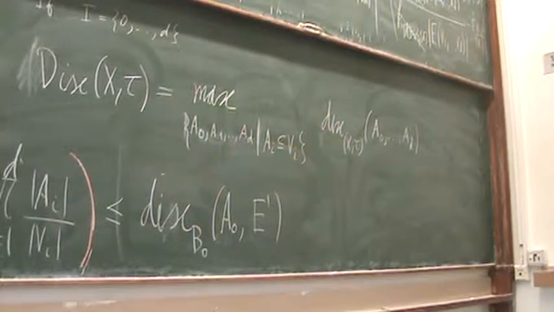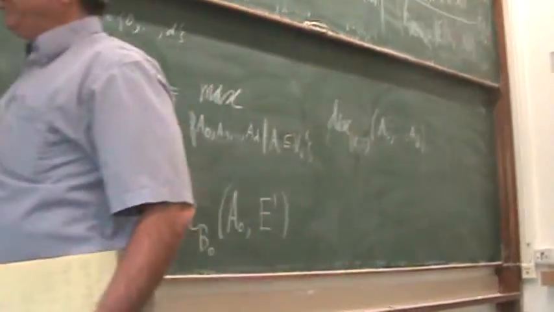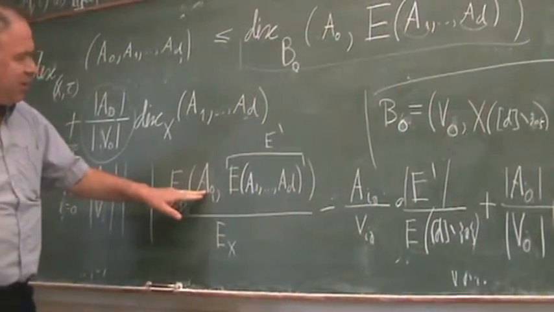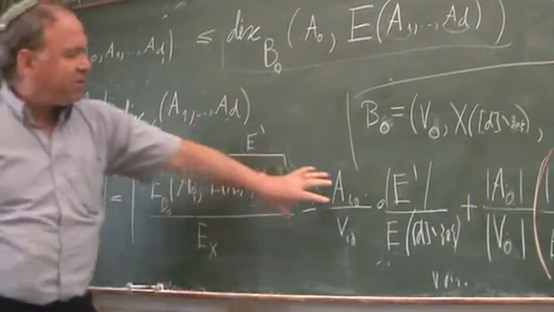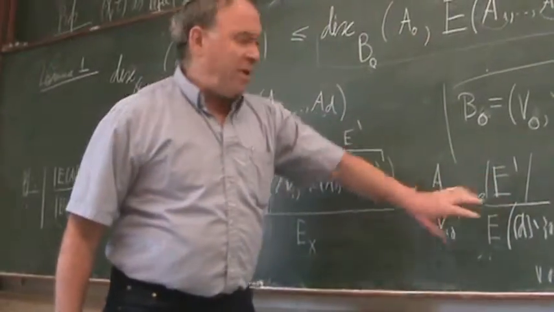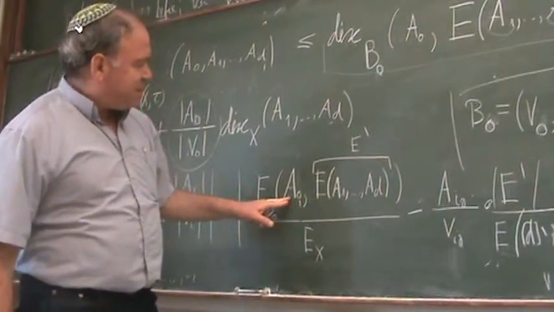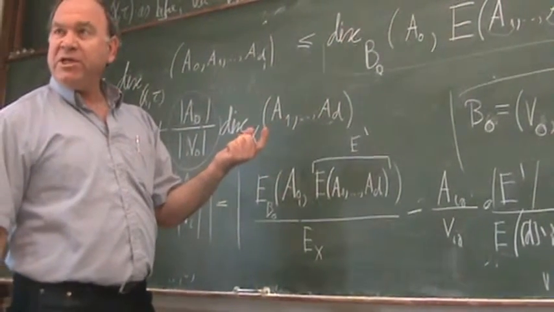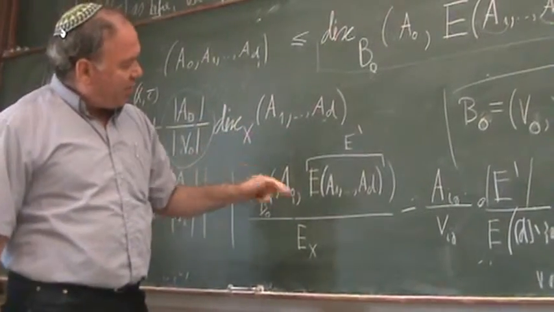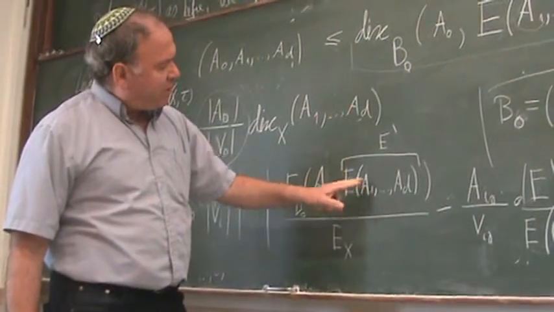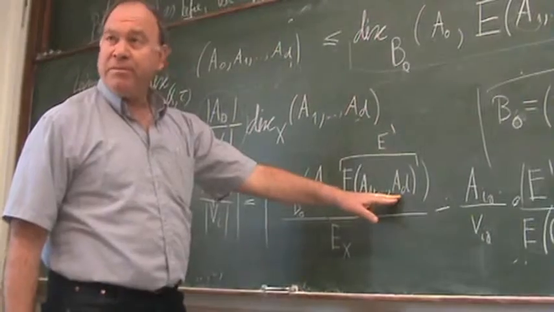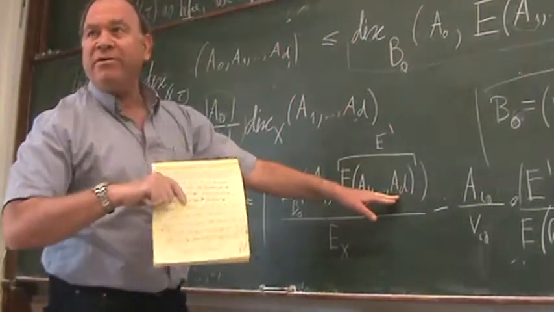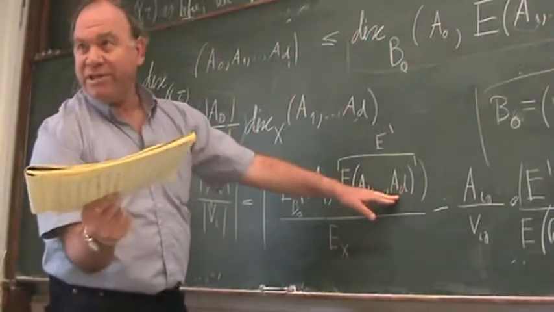Okay? Because this is exactly what is written here. Think about this term and this term only. Then on one side you have A0, on the other side you have all the walls, the set of all the walls lying on the sets A1 up to AD. This is a set of vertices in the bipartite graph B0 on the right hand side.